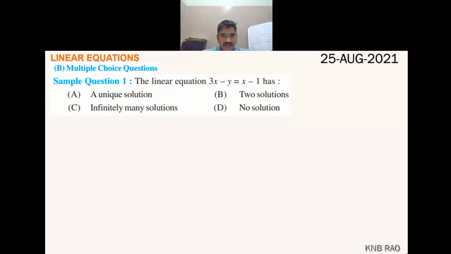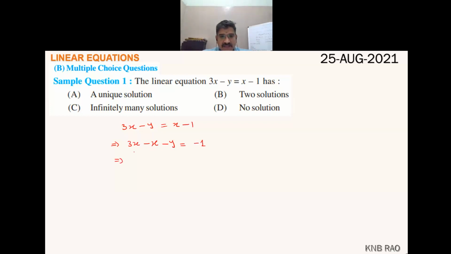If you observe the given equation 3x minus y equals x minus 1, on simplification, this x brought to this side becomes minus x, which is a like term along with 3x. The minus y remains as it is, equal to minus 1.